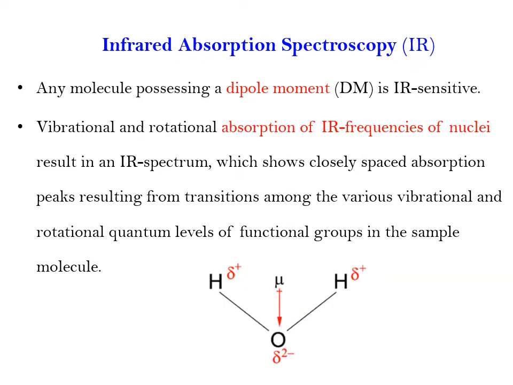The other technique is infrared absorption spectroscopy. Infrared absorption spectroscopy, sometimes called vibrational spectroscopy, involves the interaction of infrared radiation with matter. It covers a range of techniques, mostly based on absorption spectroscopy.